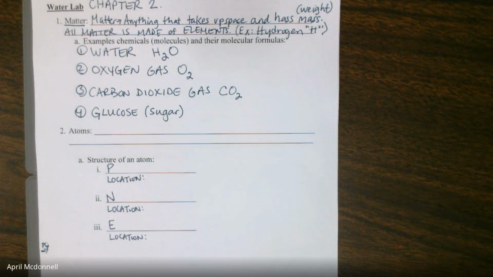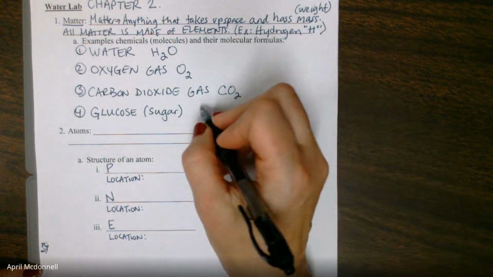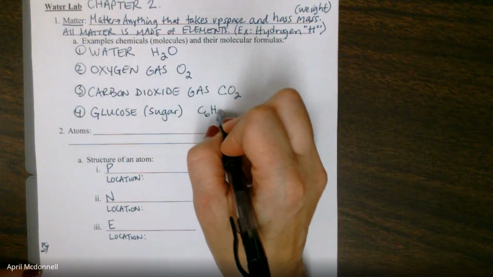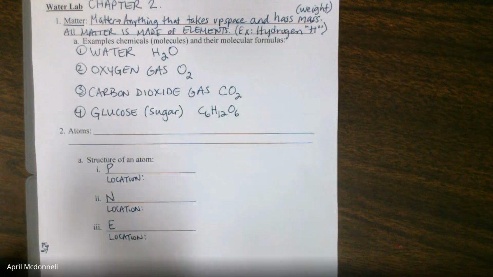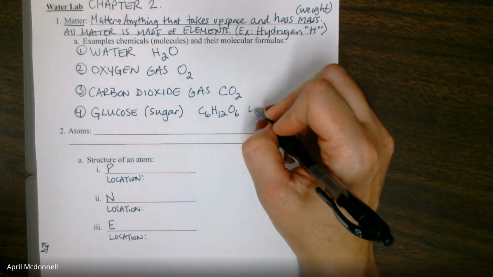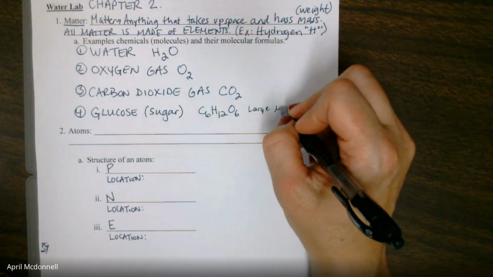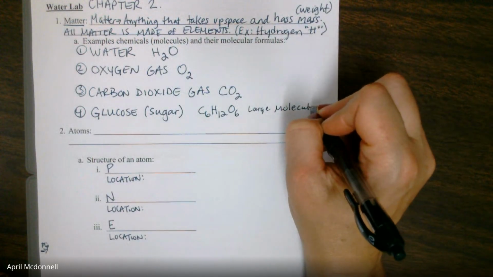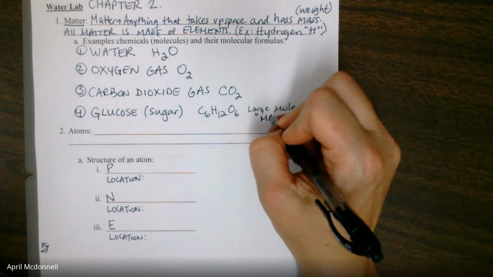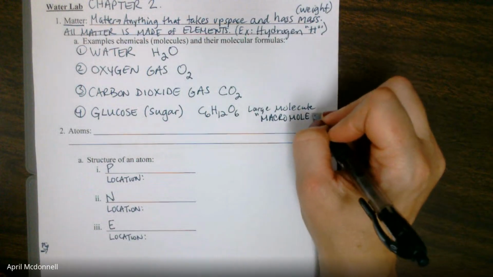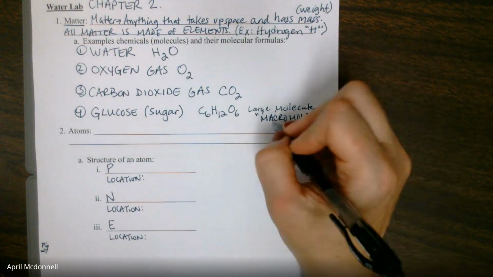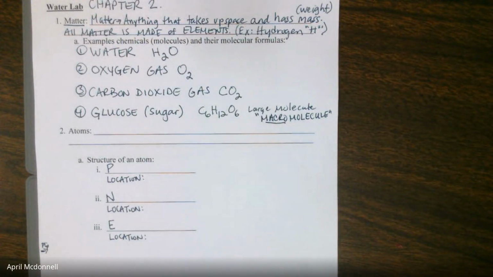Does anyone know what the molecular formula for glucose is? It is going to be C6H12O6. So this one is a very large molecule, and we tend to call large molecules macromolecules. That term macro means big, a big molecule.